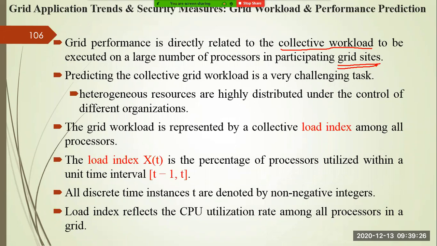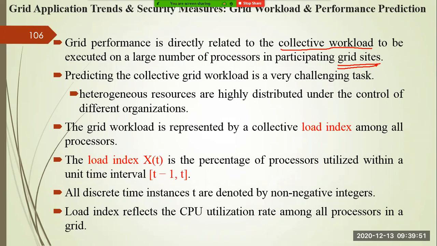But predicting the workload is very challenging. How many resources will be available after 1 hour? How many resources will be there continuously for up to 1 hour? Such prediction is required, which is very challenging in the case of grid, because heterogeneous resources are highly distributed under the control of different organizations.